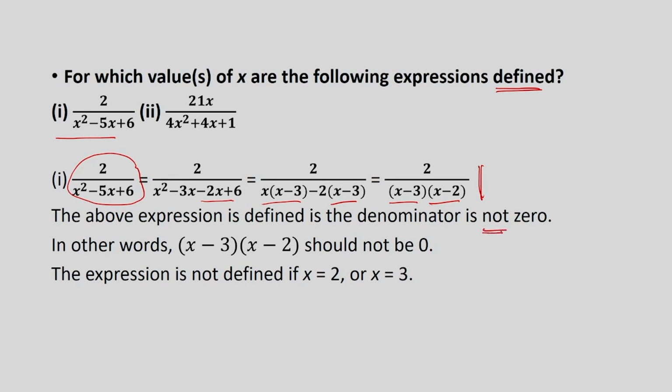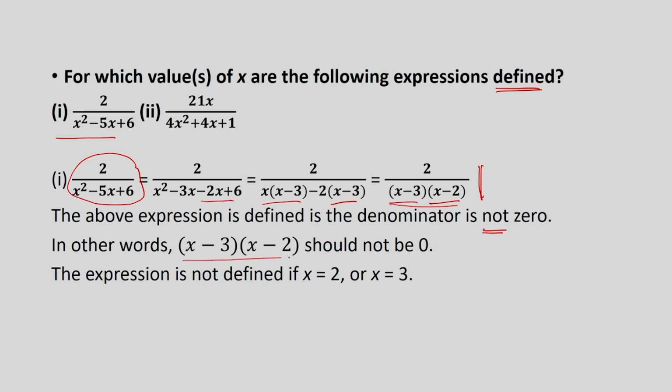That is the idea that we are going to use here. If in a fraction the denominator is equal to 0, then that fraction is not defined. That is the basic idea here. Therefore, the denominator cannot be equal to 0. That is the property being used here.